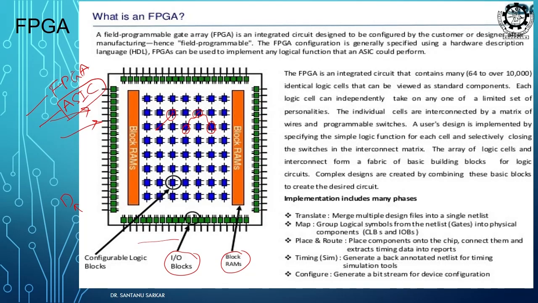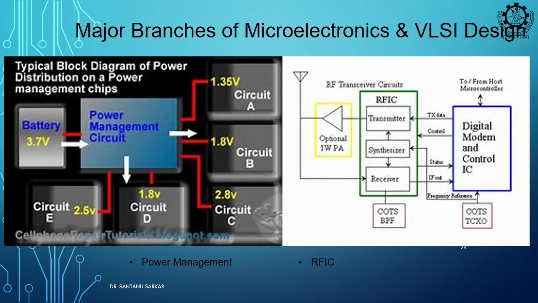When you are sure about your application, you have done all the experiments in FPGA and you are satisfied with your architecture, you go for fabrication, that is your ASIC. In FPGA there is so much area, so much redundancy. Redundancy means the same block repeated. As the same block is repeated, it is costly, is it not? Okay. You will be doing this and learning this in your lab. So, do not worry.